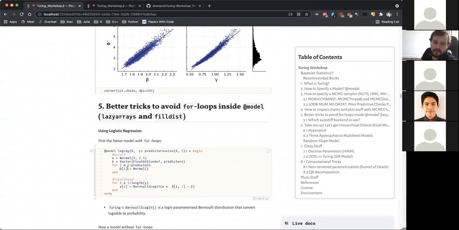You do beta I. It's a normal, and I don't specify anything, so it's a normal 0, 1, standard normal, mean 0, standard deviation 1. And then I end the loop.